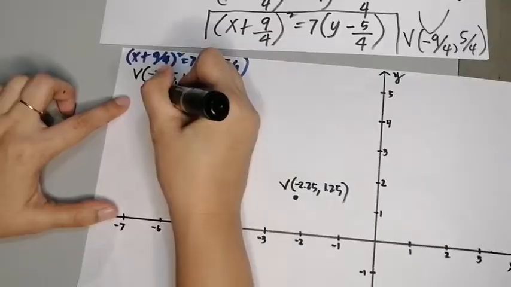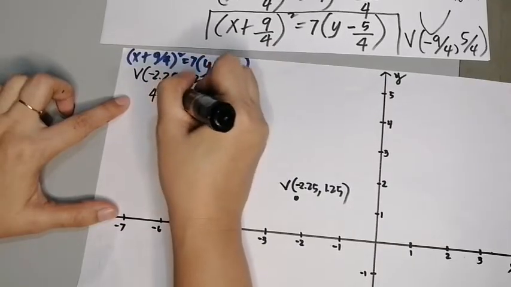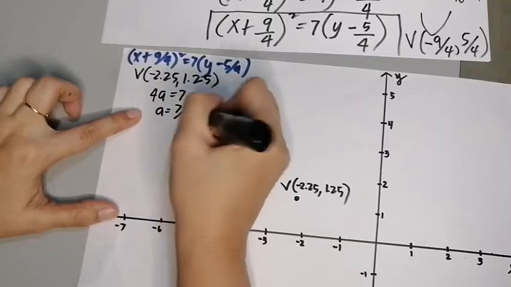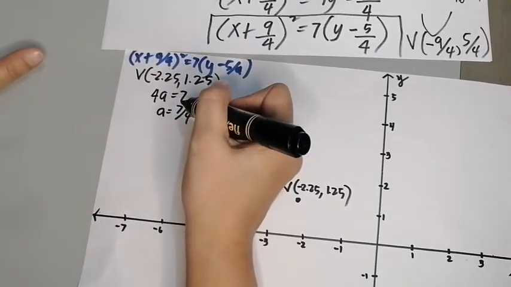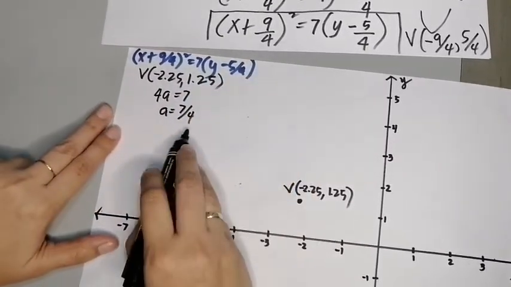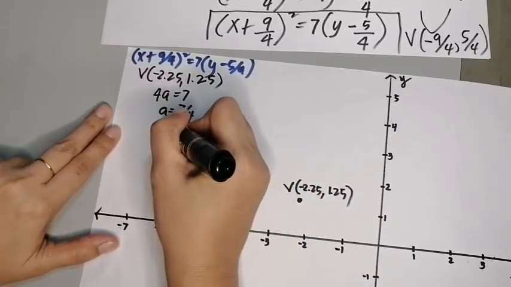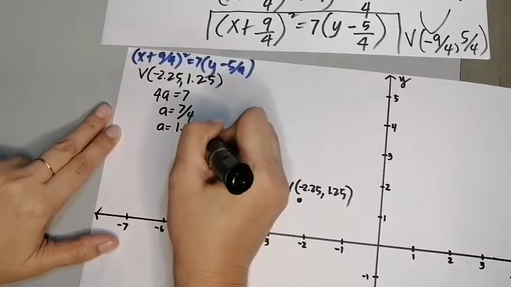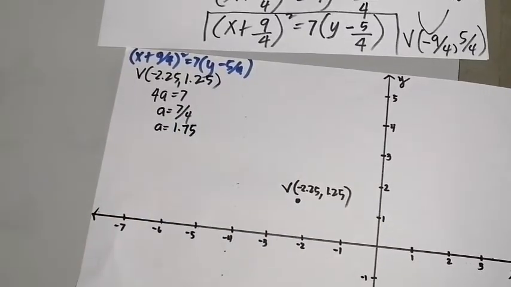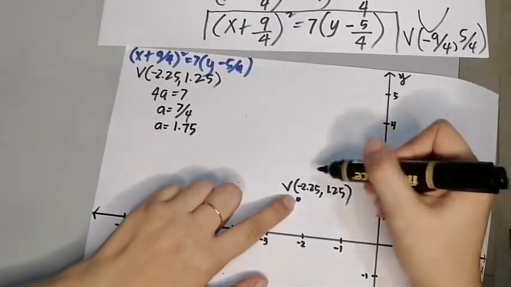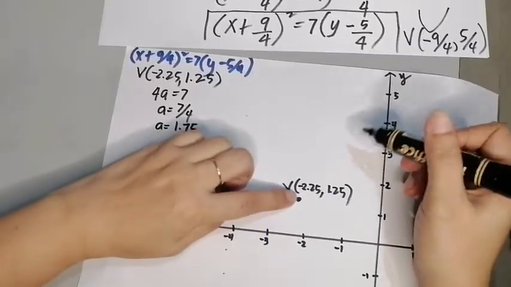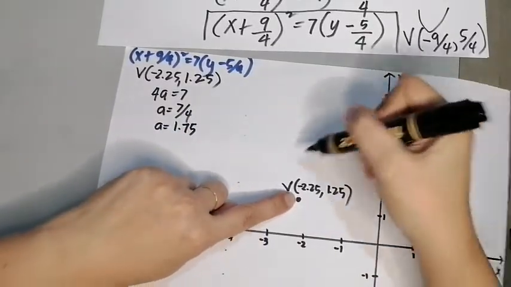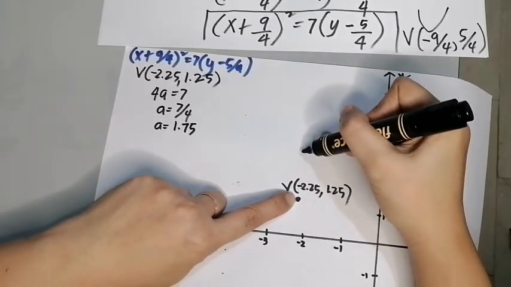Since 4a is equal to 7, a is equal to 7 over 4, or 1.75. So that's 1.75 units from this point. Okay, so 1.75 up.